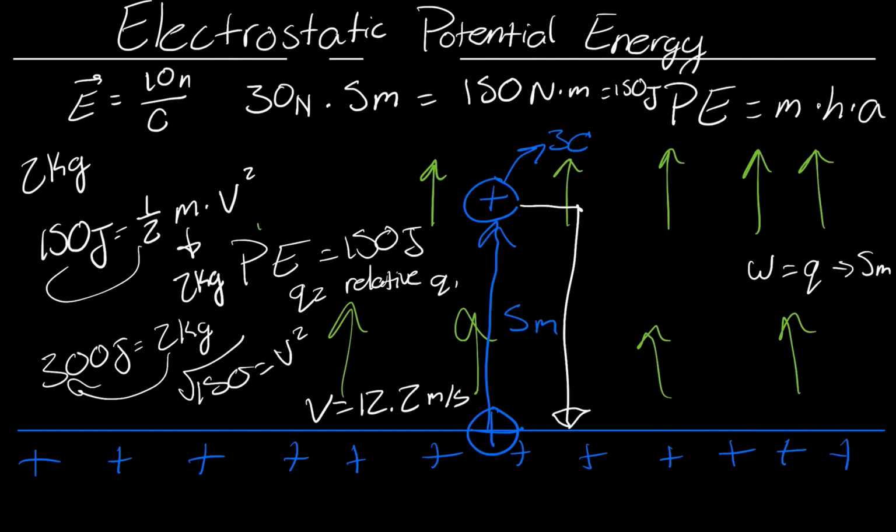So just to be clear, electrostatic potential energy is very similar to gravitational potential energy, with the relationship between work and potential energy that we went over in the video. So once again, I'm going to write down the formula for potential energy. It's right over here.